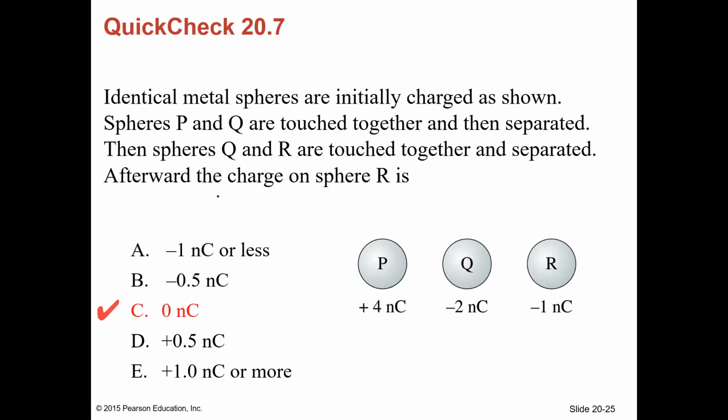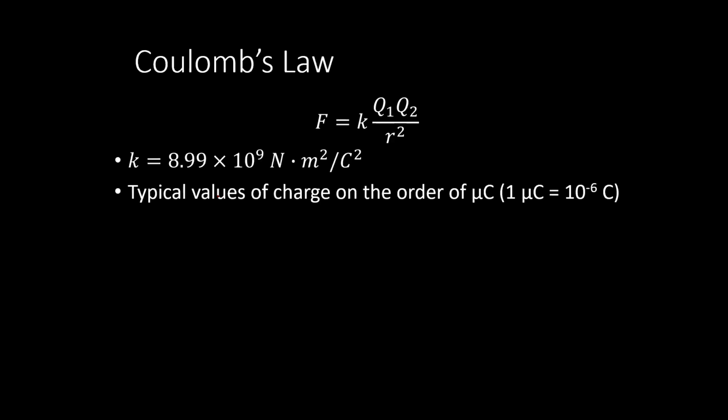All right, so that is charge. You can see materials do play a big role, whether we're talking about conductors or insulators. What we're going to talk about next time is the attractive force. What is the force between these two charges? This is where Coulomb's law comes in. We're going to dive into this equation and start doing some numerical calculations.